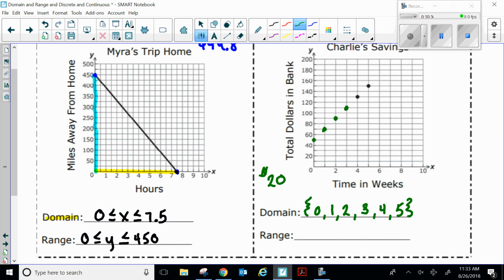And my range is all of my y values. In this case, if I look at my specific y values, I start with 50, and then I gain another $20, so 70, 90, 110, 130, and 150.